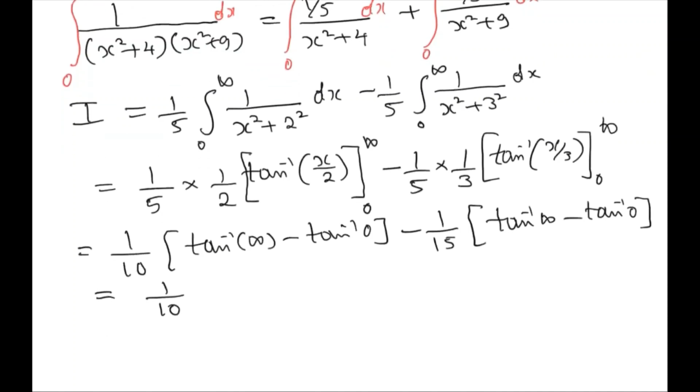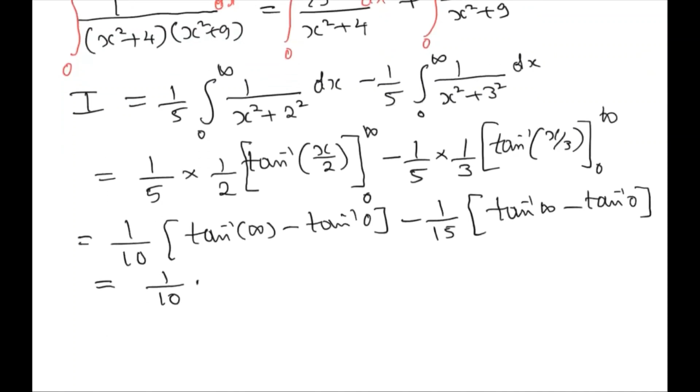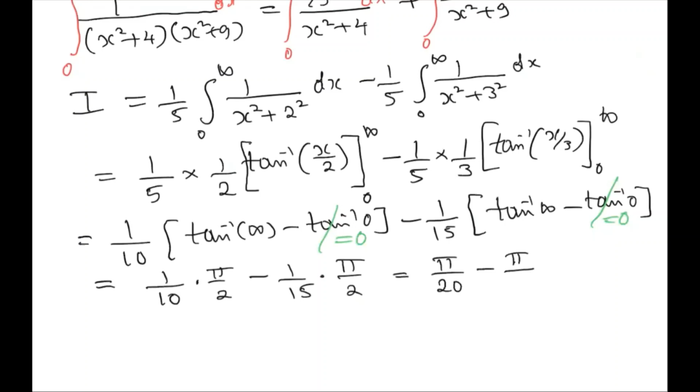Tan inverse of infinity is pi by 2 and tan inverse 0 is 0. So here we'll get 1 by 10 into pi by 2 minus 1 by 15 into pi by 2. That is pi by 20 minus pi by 30.